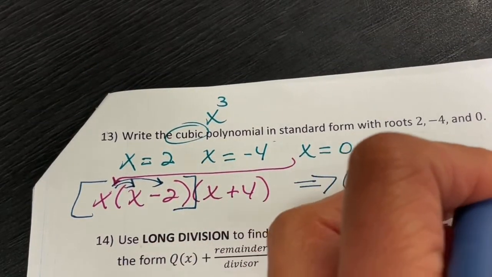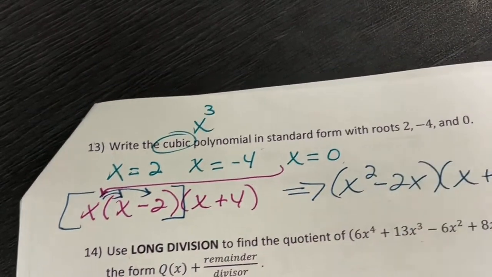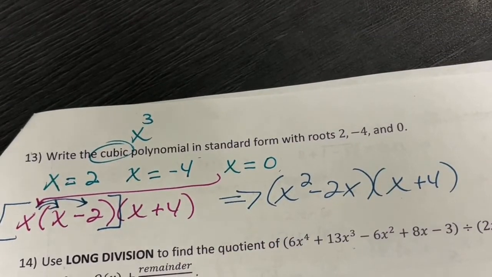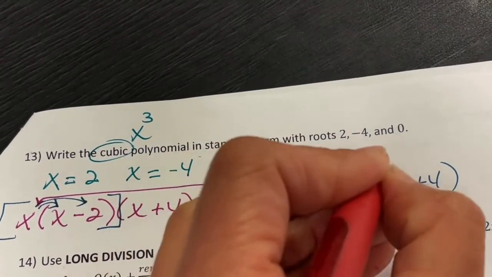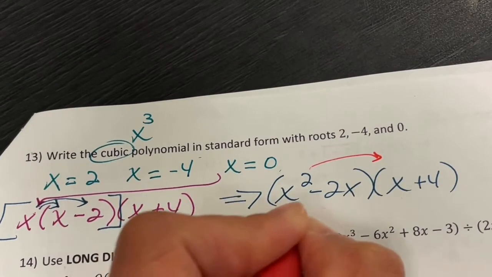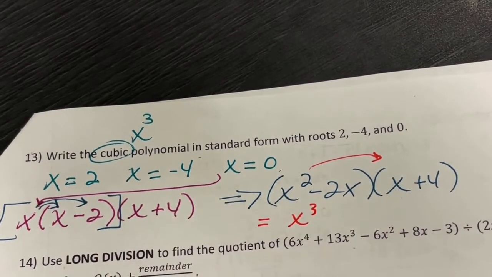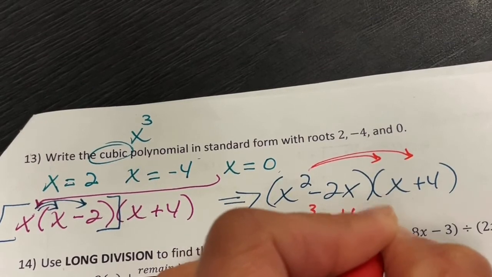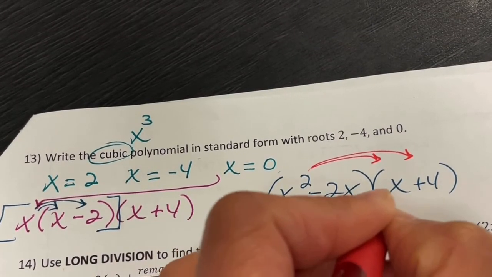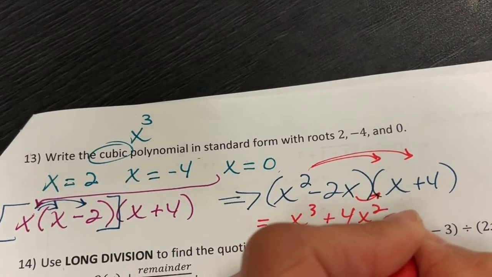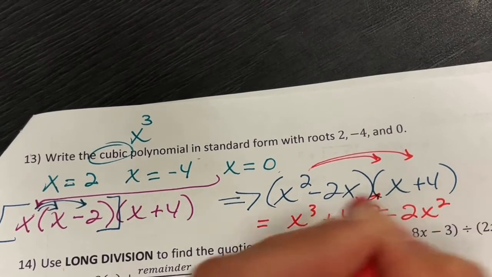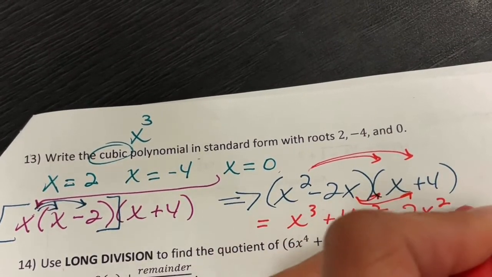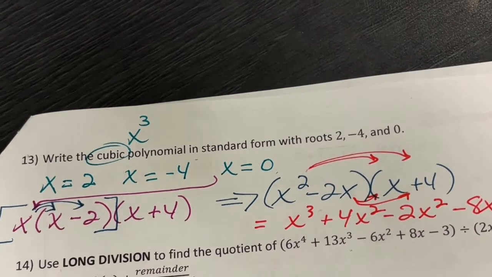And then I'm going to rewrite the x plus 4 next to it, because now we're going to multiply that in and just distribute. X squared times x is x cubed. Oh, there's my x cubed. X squared times 4 is 4x squared. -2x times x is a -2x squared. And -2x times 4 is a -8x.